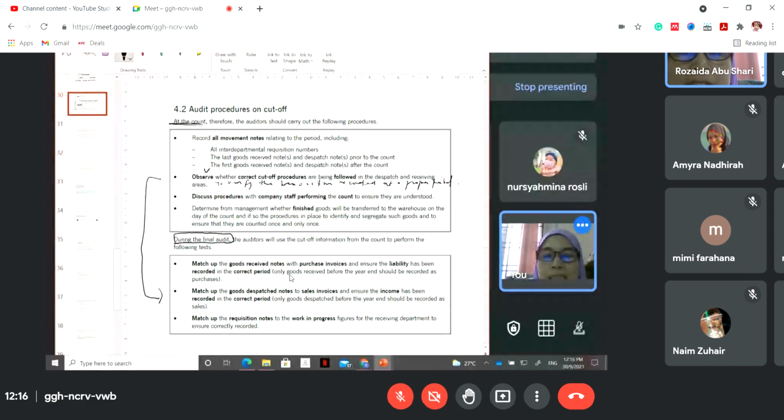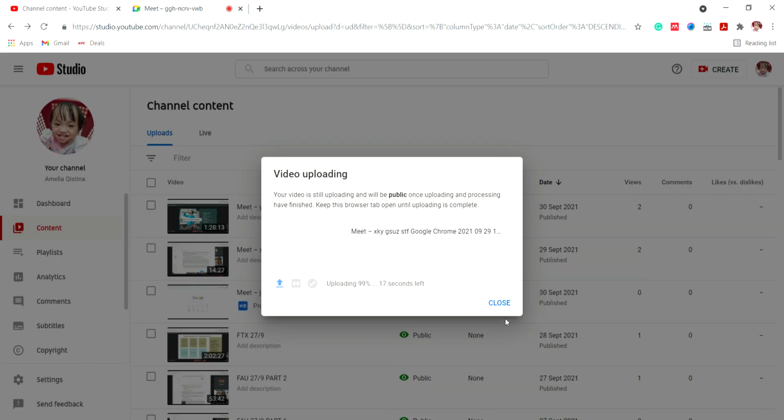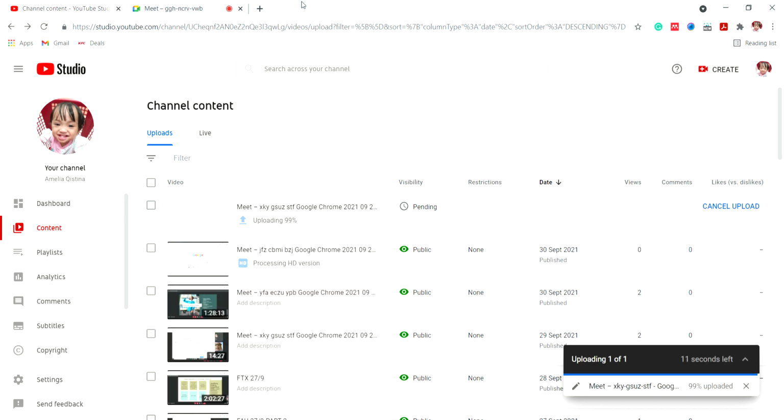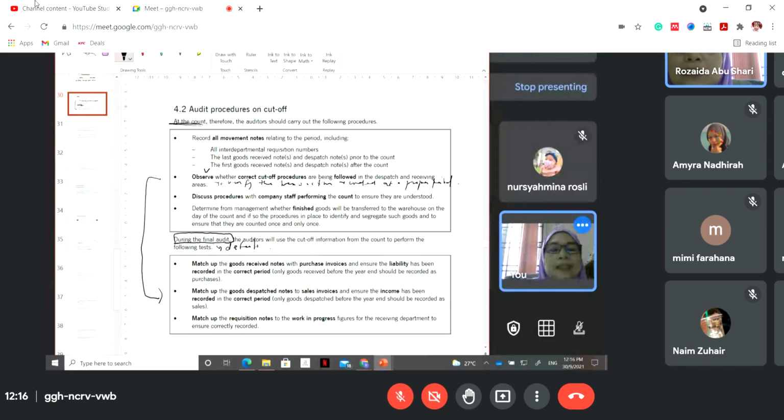For the first one, at the count, you normally use control activities as the objective, but for the final audit, normally you have to look at the details of the inventory.